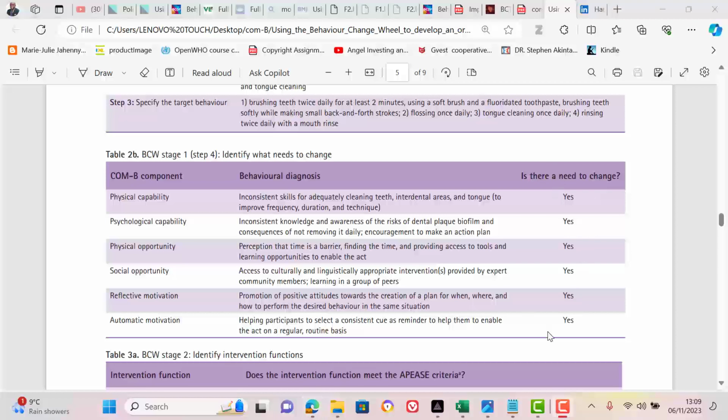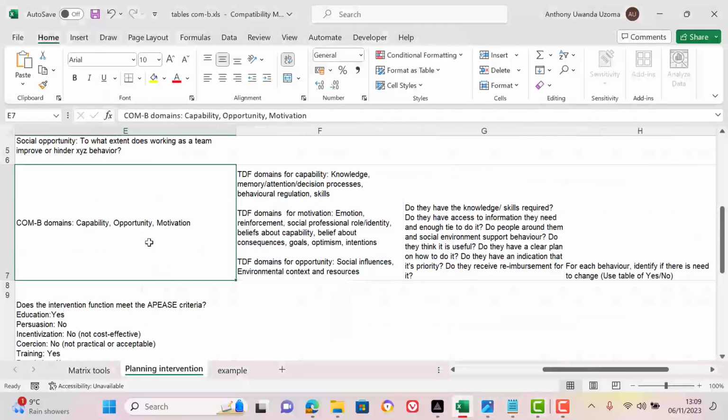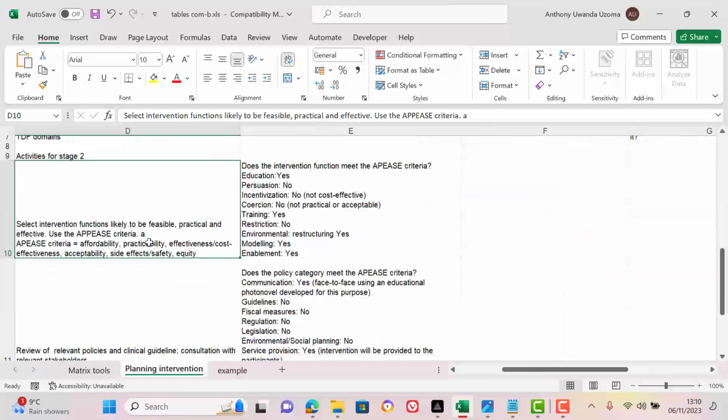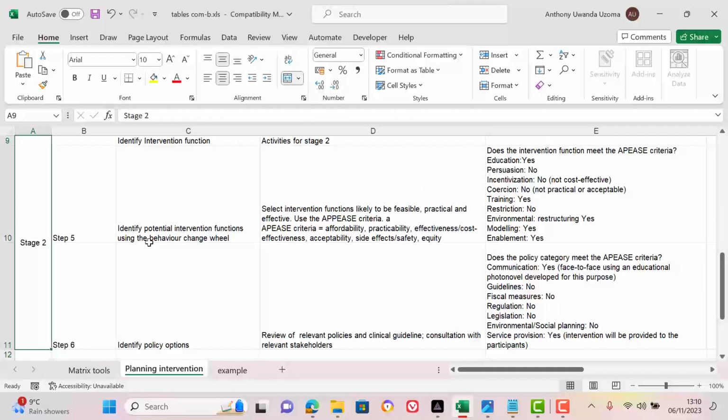So you identify the behaviors that need to change, and that is how the author identified the behavior that needs to change, by indicating yes. Now the next step is stage 2, that's step 5 and step 6.